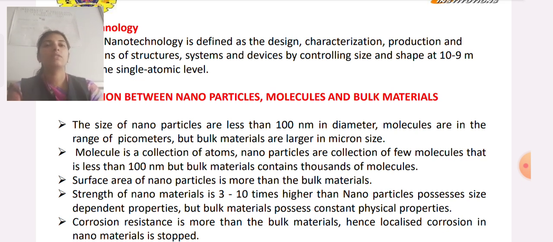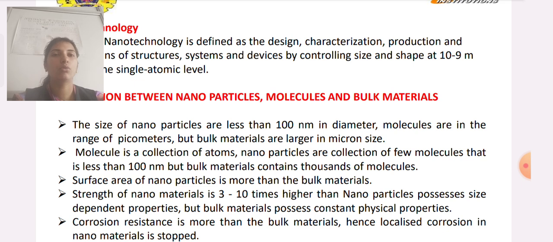The first one: the size of nanoparticles is less than 100 nanometers in diameter. Molecules are in the range of picometers, but bulk materials are in the range of micron sizes. A molecule is a collection of atoms. Nanoparticles are a collection of a few molecules, less than 100 nanometers, but bulk materials contain thousands of molecules.